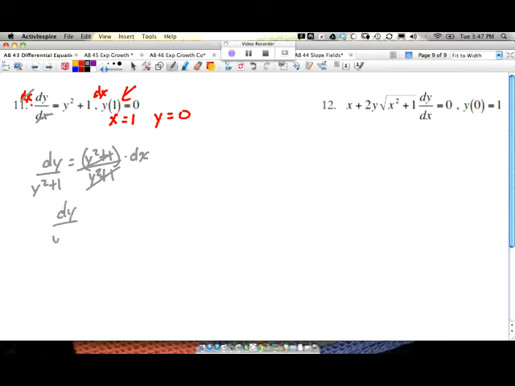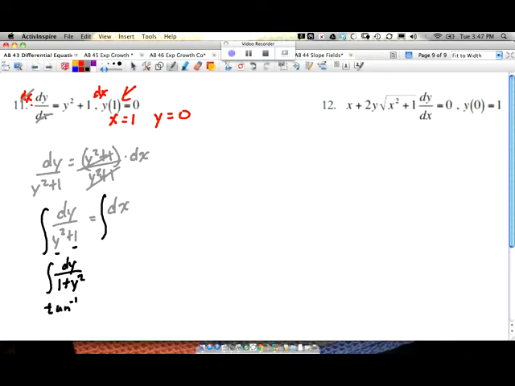dy over y squared plus 1 equals dx. At this point, I can integrate both sides. Now, it's not necessarily obvious what we got here, but y squared plus 1 is the same thing as 1 plus y squared, which really makes this look like tangent inverse.